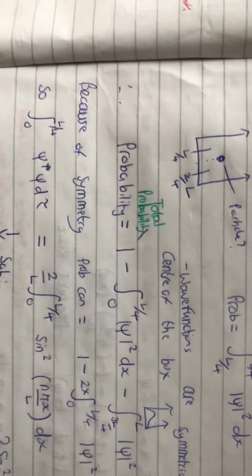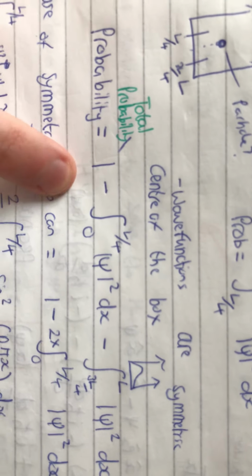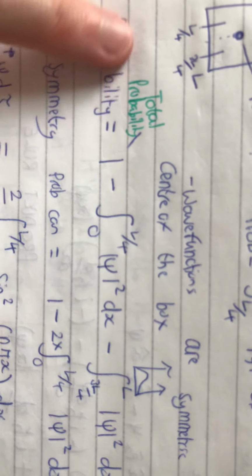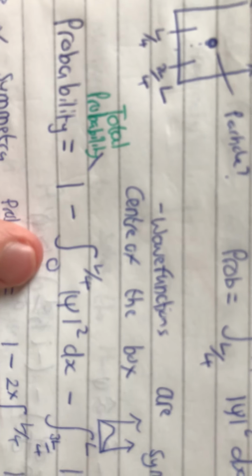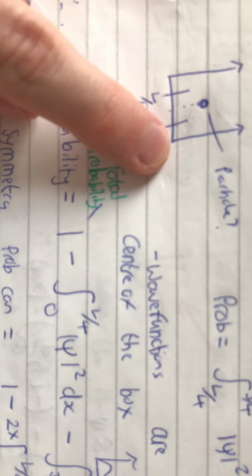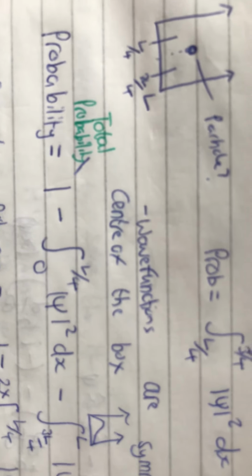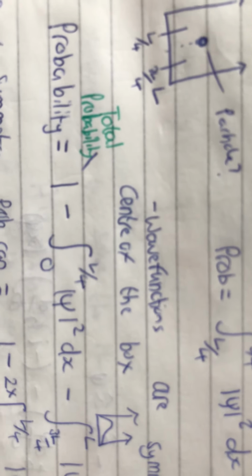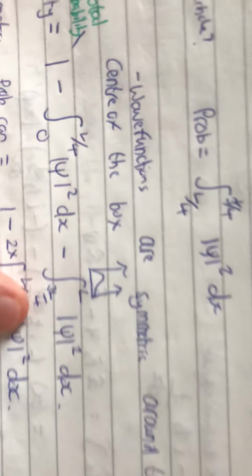So we can say that the total probability that we'll see it in this whole box is 1, minus this part, and then minus this part. So between 3/4 L and L, and between 0 and L over 4, which is represented by that and that.